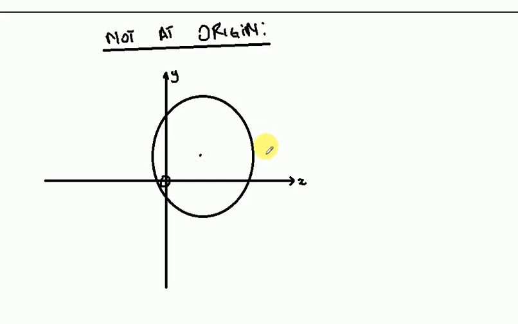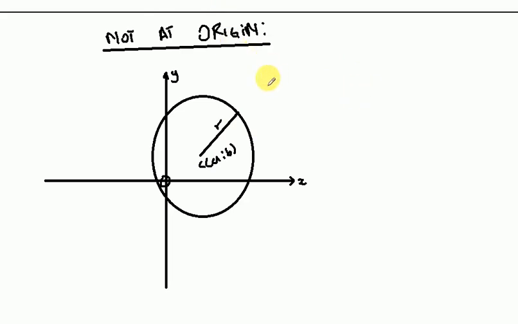So now to find the equation of the circle which is not centered at the origin, we say if you move the center of the circle to any point on the Cartesian plane, our point will be this one, (a, b). This is the center. So let's mark our radius. This will be our radius.